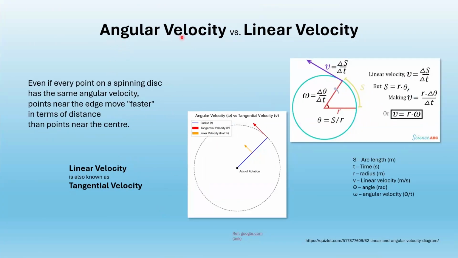Now, angular velocity versus linear velocity. Angular velocity is the rotations per time, which would be how many radians per time. So how much is that angle going to change in radians per given time? That's the rate at which something spins around, how fast it spins.